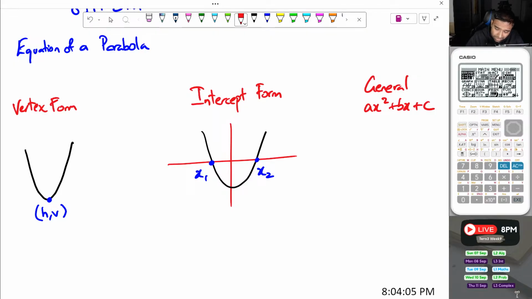And then the third one, where you might just have a set of points. So you might have x and y and a bunch of points to work with. And I think you need a minimum of 3 to do the parabolas.